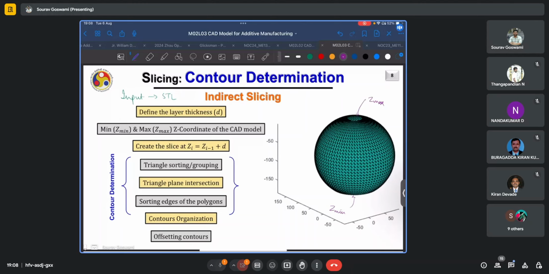So we start slicing and create slices at Zi equals Zi minus 1 plus D. So this is a bottom to top approach. So say you start at the bottom, then you space it by D, and you continue building slices like this until you have sliced the entire geometry.